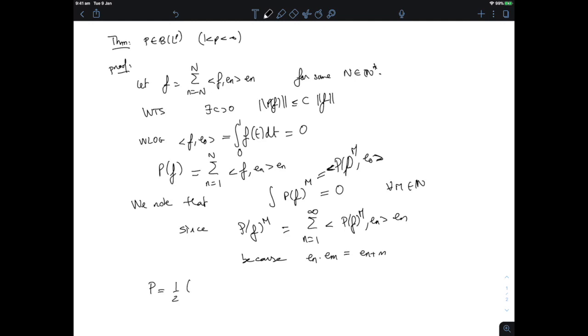P can be written as 1/2 of the identity map plus i times a map T that we call the Hilbert transform, and T is minus i times the sum from n equals minus N to N of f hat e_n multiplied by the sign of n. So for the positive n you just keep it as it is, but for the negative n you multiply by minus 1 times e_n. Alright, so that's just a variation on the Riesz projection, but that allows us to decompose the Riesz projection up to a factor 1/2 as the identity plus a similar linear map.